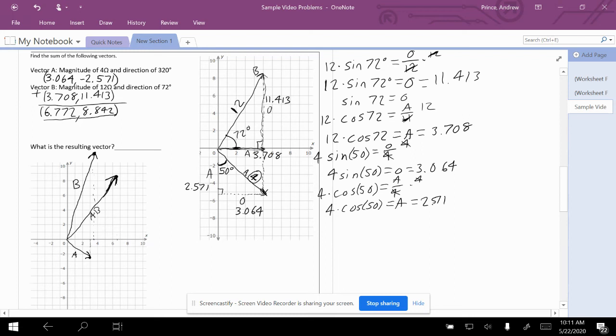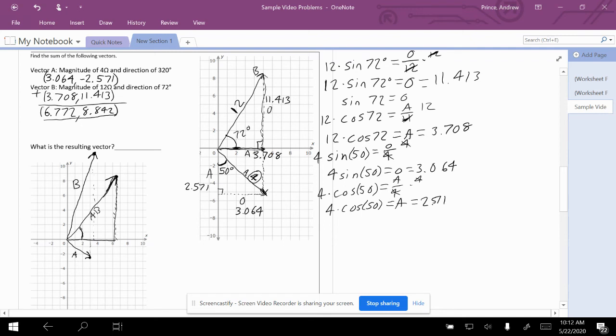Now, what I need to do is find out the magnitude and direction. So I can create a right triangle here. And let's see what that would give me. What would that right triangle tell me? Well, I would be able to find the direction, right?